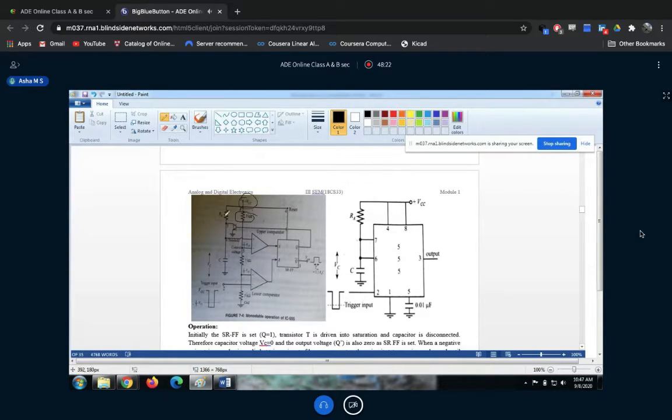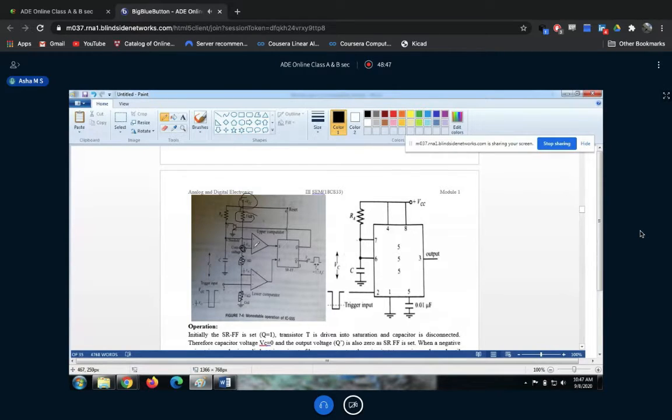You know, whenever you connect resistors like this to a voltage, the job is to divide the voltage, correct? So because of these three 5 kilo ohm resistors, the voltage at this point, at pin number 5, is two-third VCC.